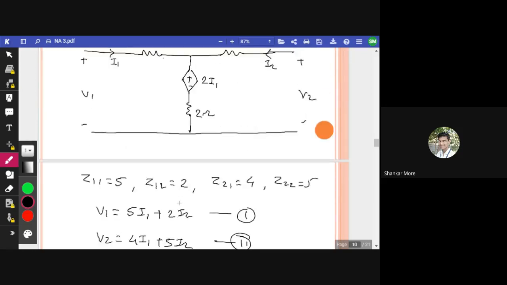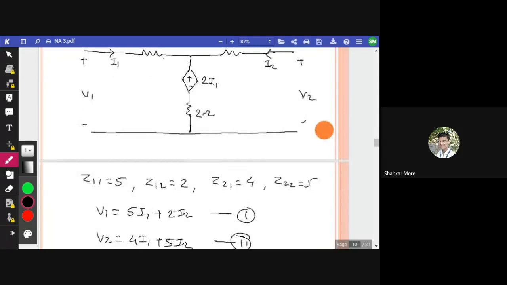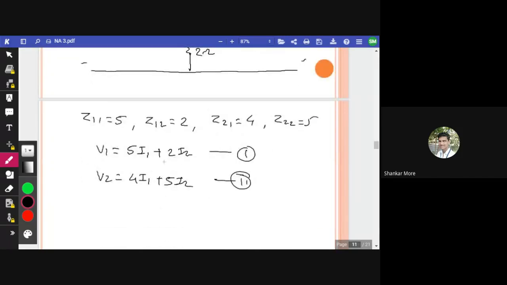Now what I need, first equation: V1 is equal to H11 I1 plus H12 V2. So what do I need to eliminate from these two equations? Can anybody tell me? What I need to eliminate?